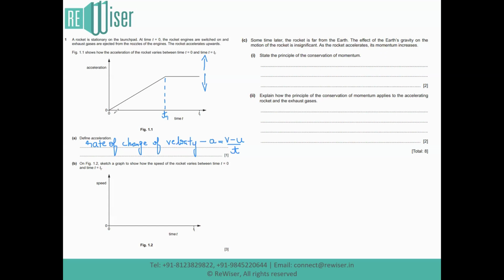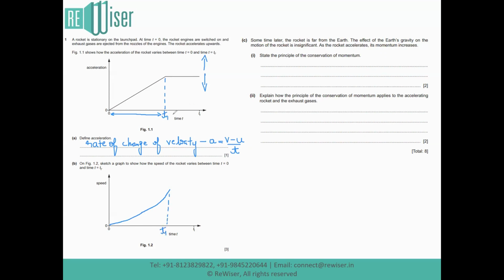From time t equal to 0 to t equal to t1, there is a constantly increasing acceleration, which means the speed of the object will be increasing at an exponential rate, which is why we show the same through a curved graph. This is for the time instant t1.